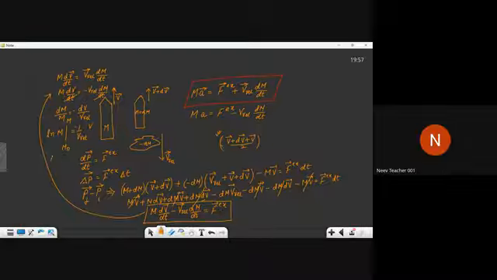If you invert it, ln of m naught by m is equal to, what are we going to see from here? V by v relative. So that is for the case when force external is 0, and the previous one for the case when we do have force external acting on the system.